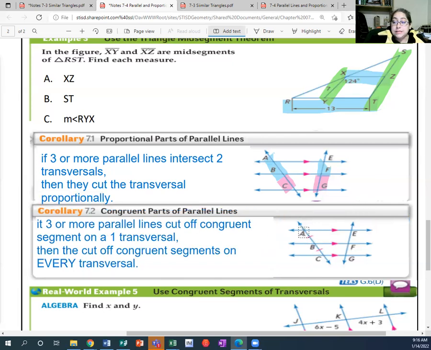So if this piece here is congruent to this piece here, then this piece over here is going to be congruent to this piece over here.